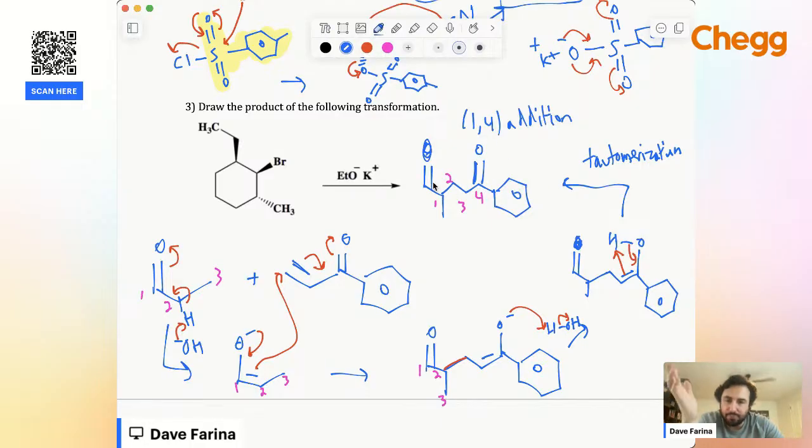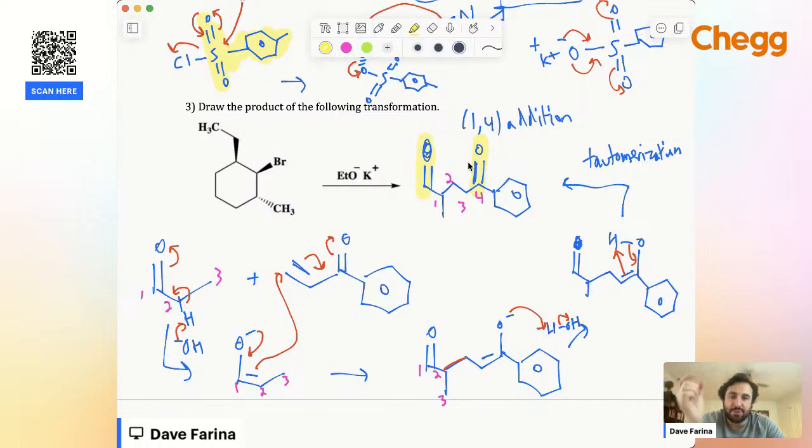And so alpha, beta, gamma, delta, it is on the delta carbon. So it's a dione. We have to have 2 carbonyls, and they have to have precisely this spatial relationship. So this other ketone can't be on carbon 2, can't be on carbon 3. It's got to be on carbon 4.